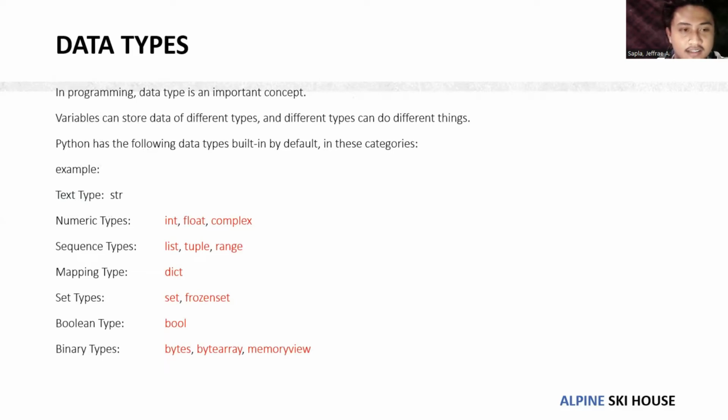Python has the following data types built in by default, in these categories: the text type is called string; numeric types are integer, float, and complex; sequence types are list, tuple, and range; mapping type is dict; set types are set and frozenset; boolean type is called bool; and binary types are bytes, bytearray, and memoryview.